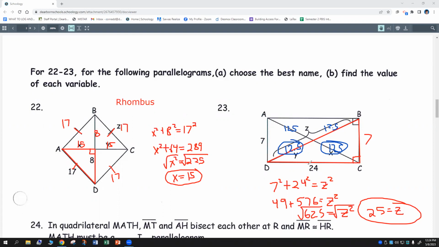This is because in a rectangle, diagonals are congruent, right? And they bisect each other since a rectangle is a parallelogram. So since they're congruent and they bisect each other, that's why each one of those is going to be half of 25, half of the length of the diagonal. Okay, and then this one was a rectangle.